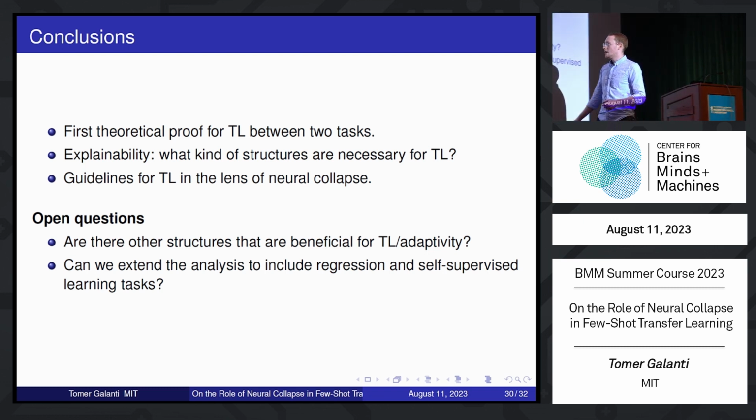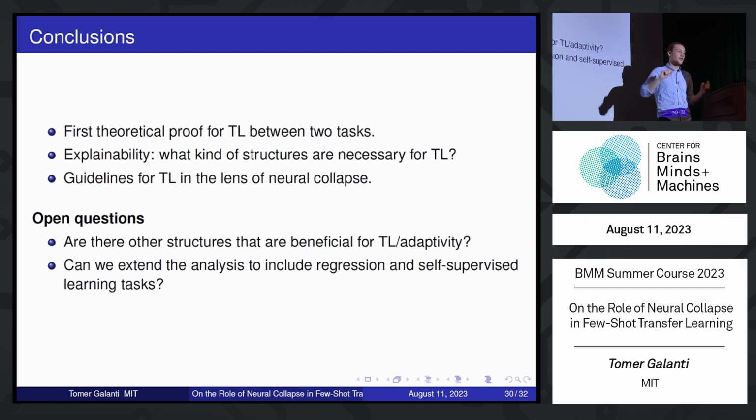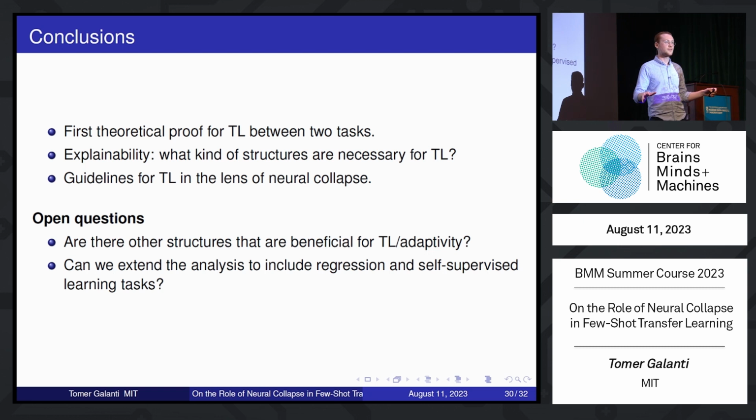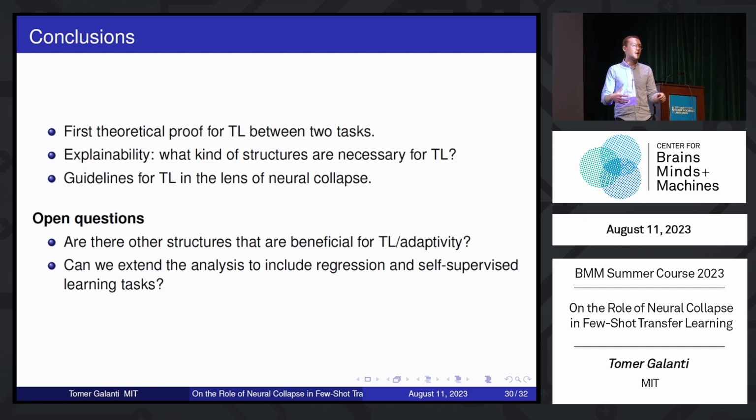And I think maybe a very interesting question is how to extend it to more contemporary settings, like self-supervised learning, where we don't just train on a classification problem, but we have unlabeled data and we use that to pre-train a model. And that's it.